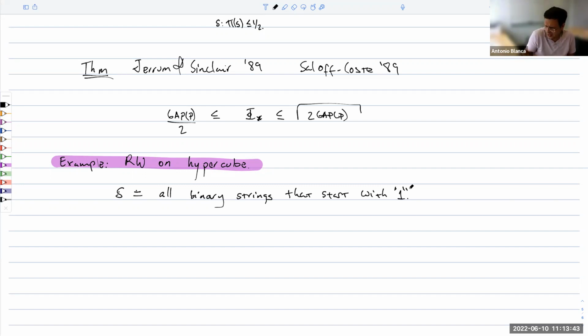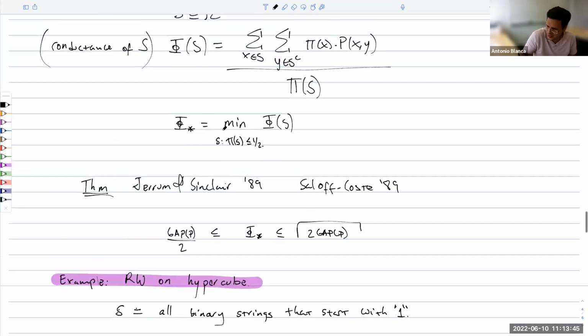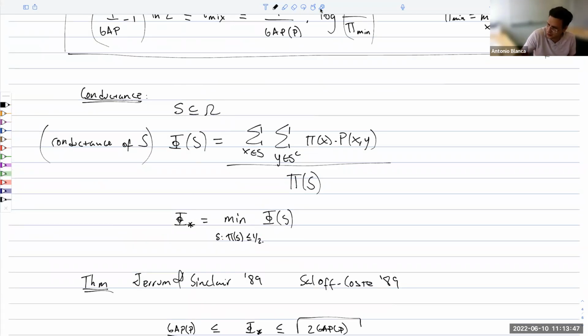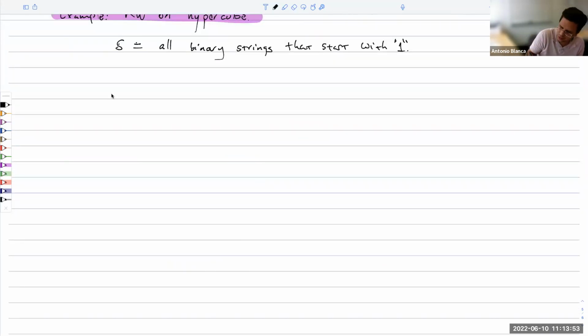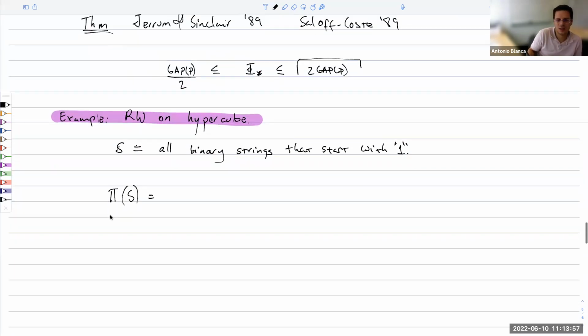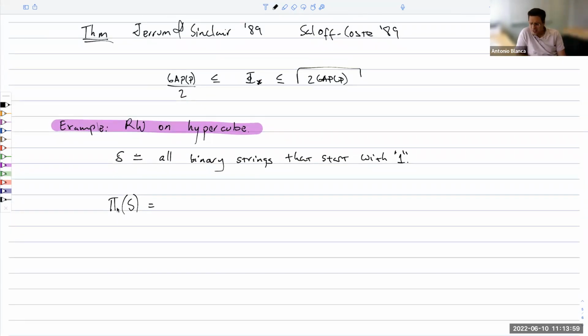And now, as I said, once you pick the set, it's really just a calculation. You just need to compute these quantities. First, what is the probability of the set under the stationary distribution? Well, I forgot to mention this when we were doing coupling: what is the stationary distribution for the random walk on the hypercube?